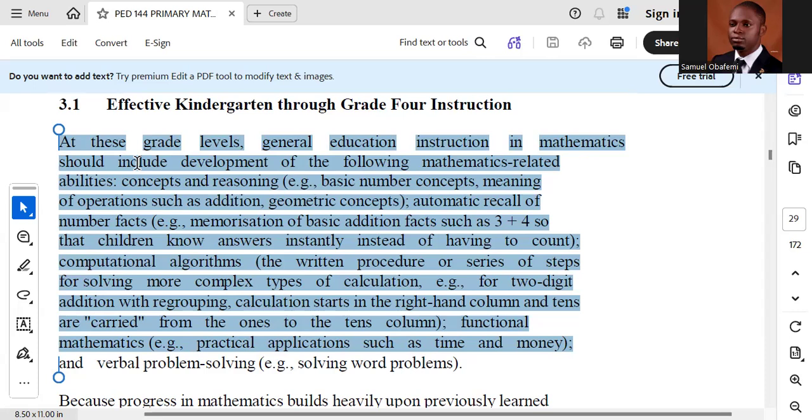But instead of that, why not show them a square, an actual square, maybe a box? You can use the tiles on the floor in the classroom. You can use a cardboard to create a square. You can use a piece of paper to do that and ask them to touch and compare each side.